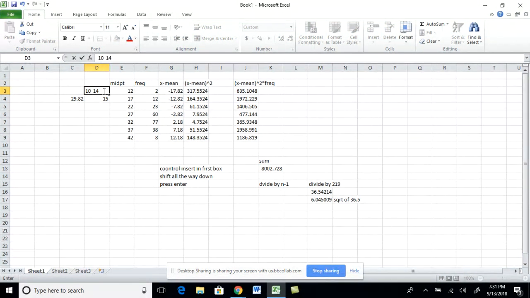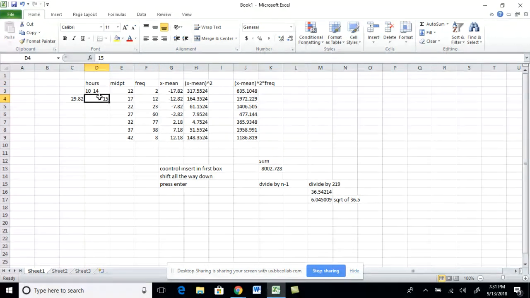Okay, this example was the number of hours students spent watching TV per week. So this column right here was the number of hours. Between 10 and 14 hours, two students watched between 10 and 14 hours of television.